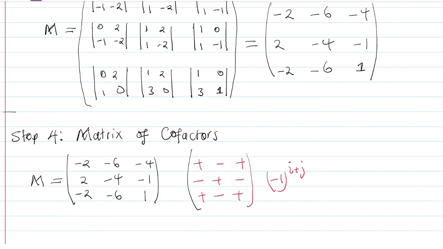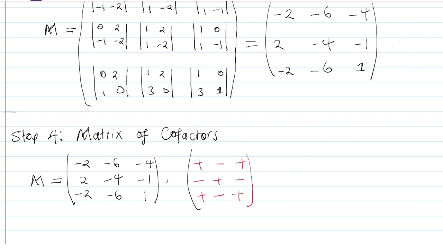So for example, if you are in the first row and first column, you have 1 plus 1, which is 2, and -1 squared is +1. If the sum is odd, then you're going to have a negative. You can see here, this is 1, 2, which is 3. We have a negative here.